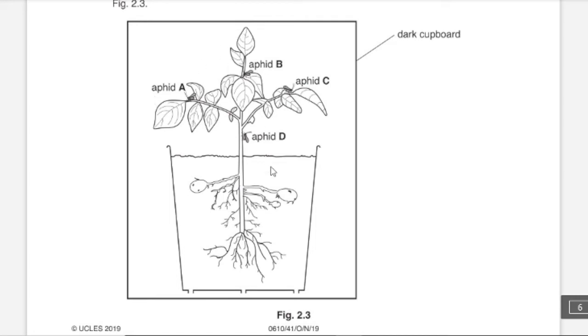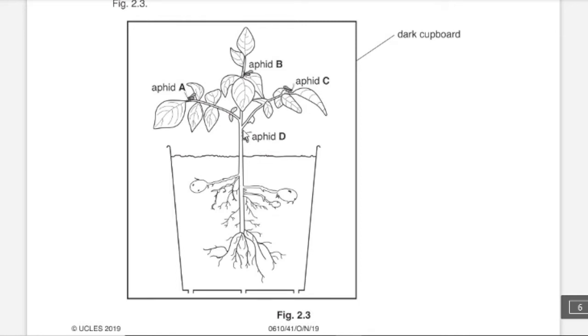So what happens is when that stored starch gets converted to sucrose and moves up the stem, aphid D is the first organism that is able to access this sucrose, and that is why it is able to achieve the highest concentration.